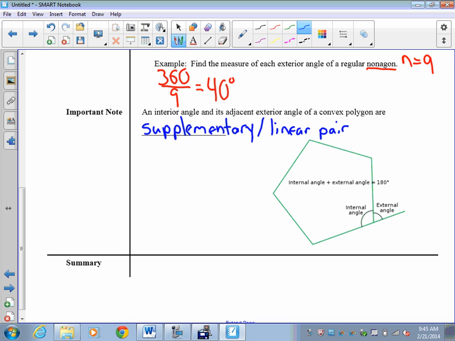So whenever we have an interior angle and an exterior angle, they'll add up to 180, and they're a linear pair.